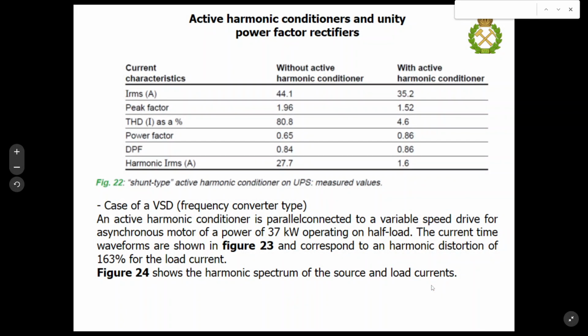And with other characteristics, with or without the harmonic conditioner, you may see the total RMS value of consumed current also decreased approximately by 10%. And such an active filter can be presented as a multifunctional device intended to implement different functions for power quality improvement.